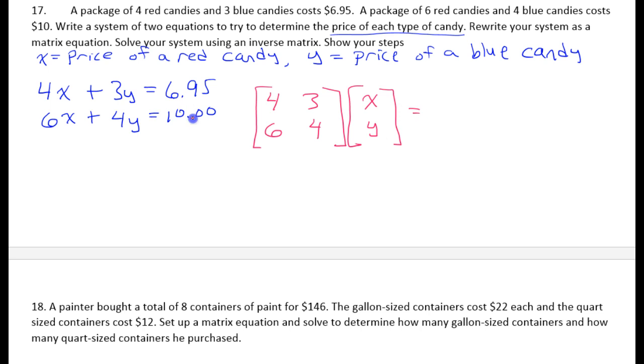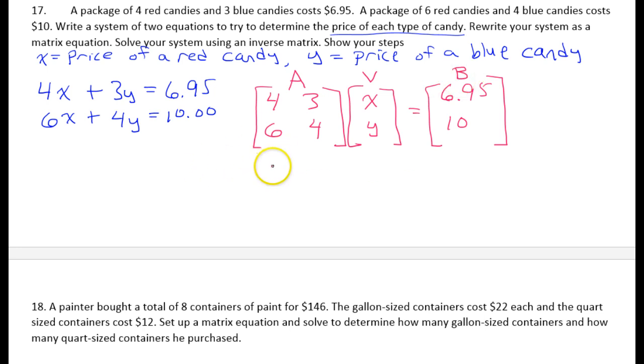And then these values on the right hand side of the equation will go in a third matrix. I will call the first matrix A. I will call the variable matrix V, and I will call the last matrix B.